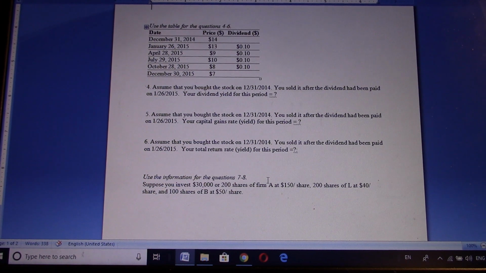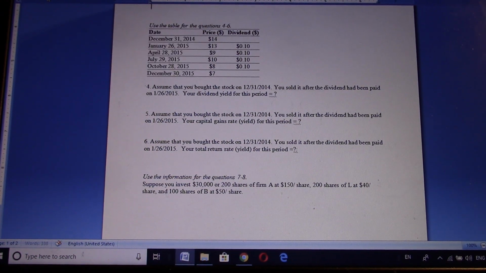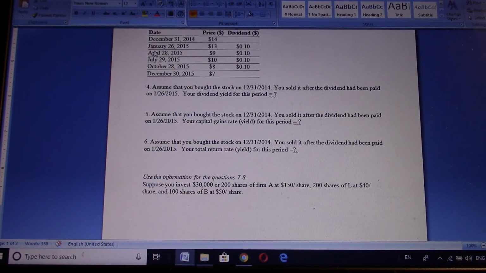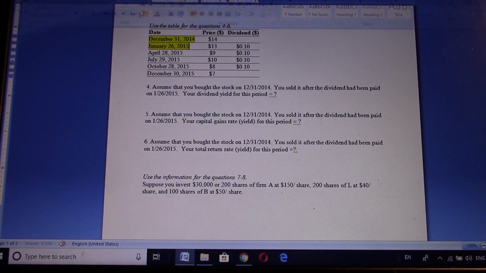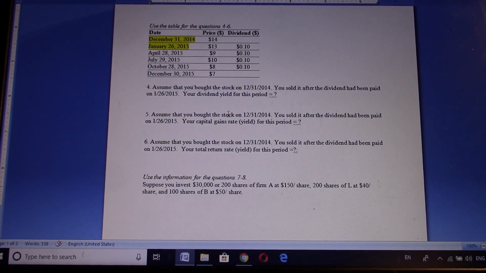The question is asking how much your dividend yield is for this period, assuming you bought the stock on December 31st, 2014. So let's assume this is when you bought the stock, and you sold it on January 26, 2015, very quickly, in the next month.